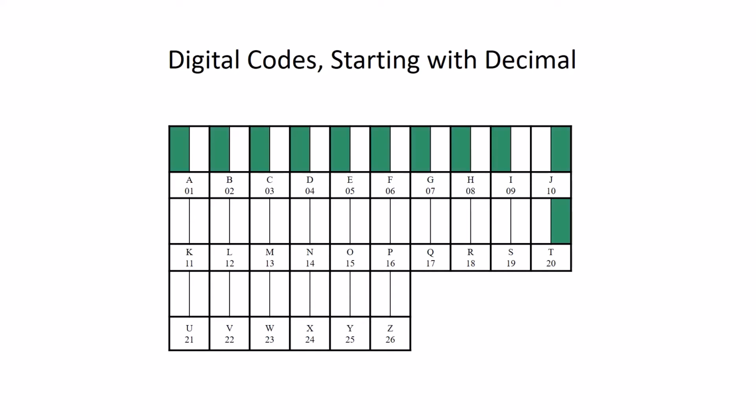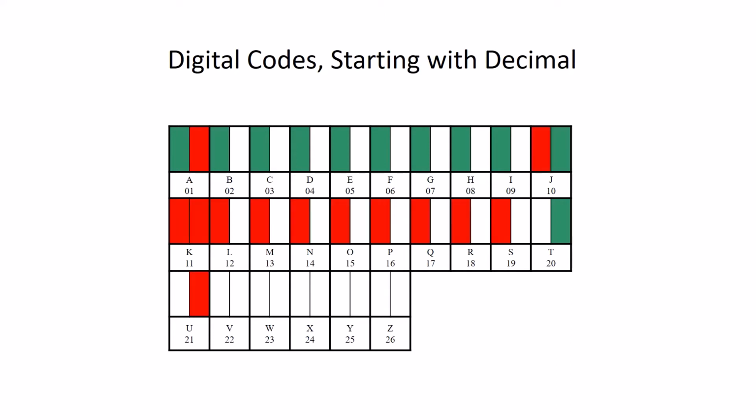Starting with 0, I got green, so everything that has a 0 in the number gets a green in that spot. So A through I get green for the first color. J and T have green for the second color because they're 10 and 20. Then I gave 1 the color red, so we've got it at 01, we've got it at 10, 11, 12, etc. We've got it at 21.